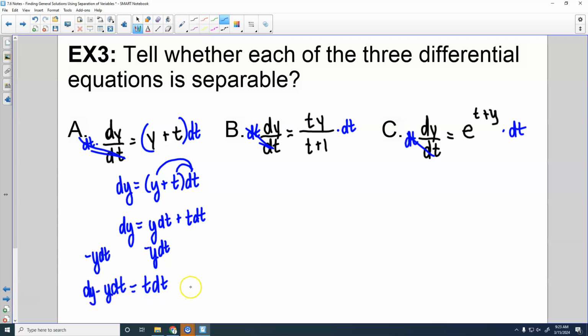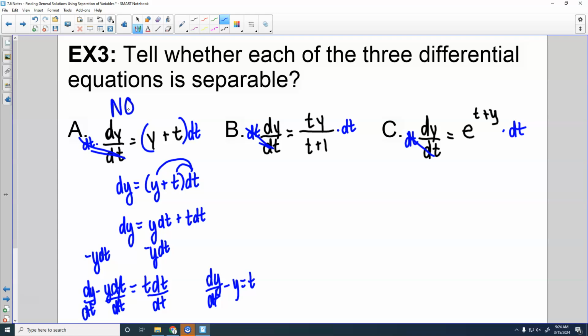I could divide it, but if I divide it, what else has to be divided? Dy. And then I've got dy/dt minus y equals t. And then I'm about to get back to where I started in the first place, right? So I'm not getting anywhere with that. This one will not separate. That's a no.